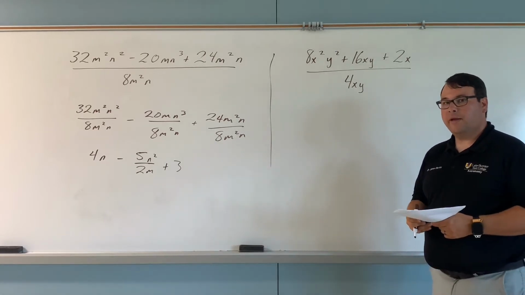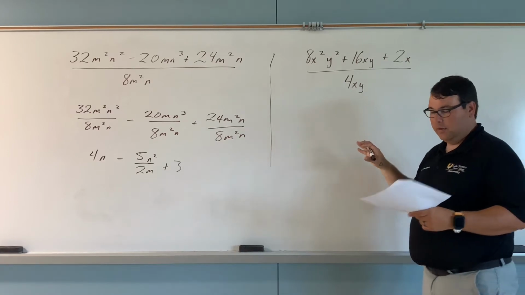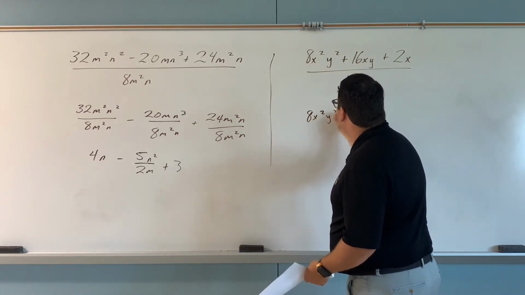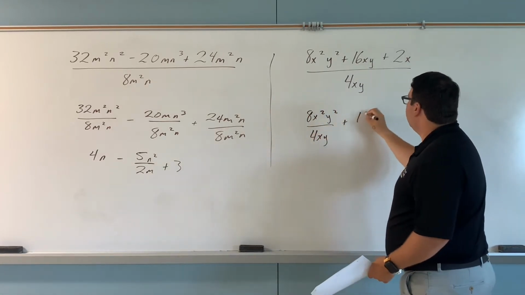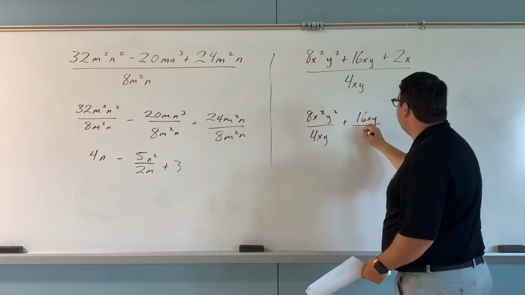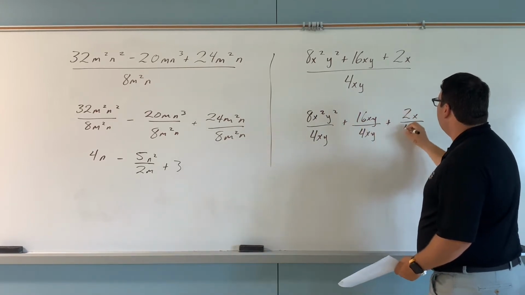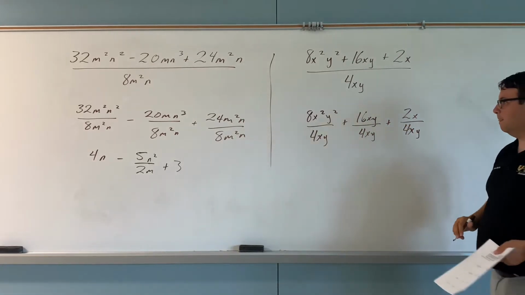We're going to split these up, and then we are going to look at how these individual pieces break down. So I have 8x squared y squared divided by that 4xy, plus 16xy divided by 4xy, plus 2x divided by, you guessed it, 4xy.